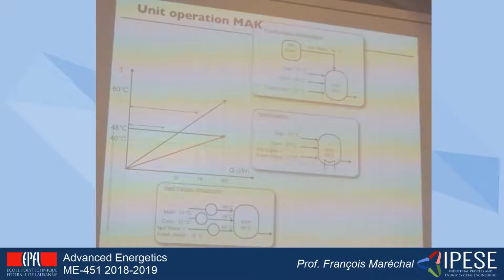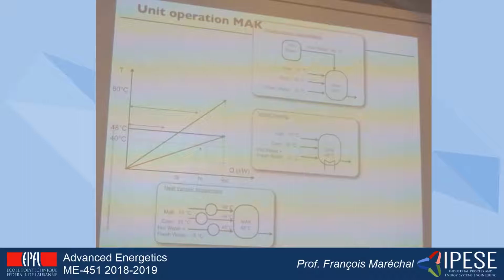Okay? So 3 different types of cold stream representation for the same amount of heat to be supplied. And of course, the one that is the most attractive from the exergy point of view is this one, the red one. Okay? This is the one that requires the lowest amount of exergy.